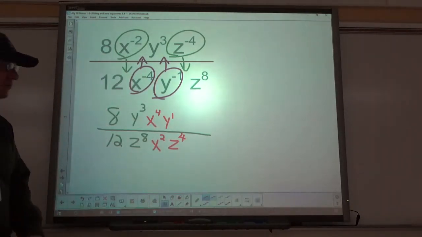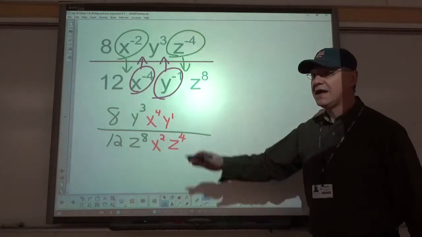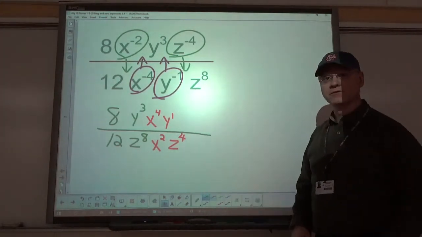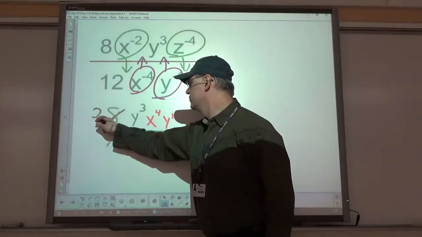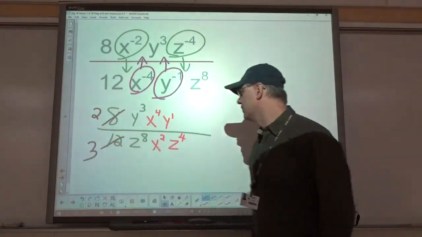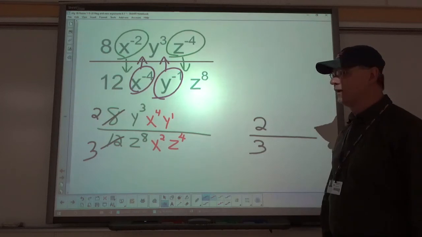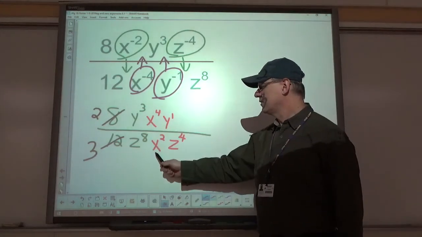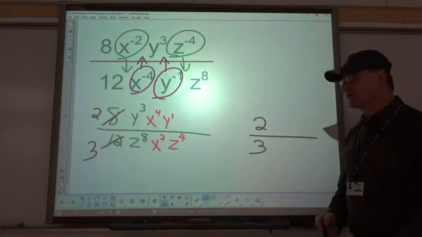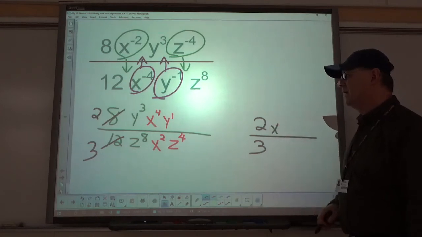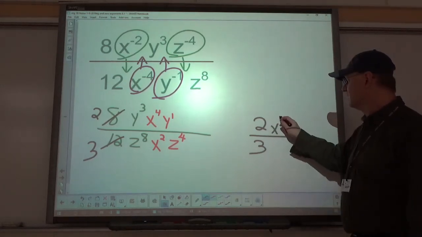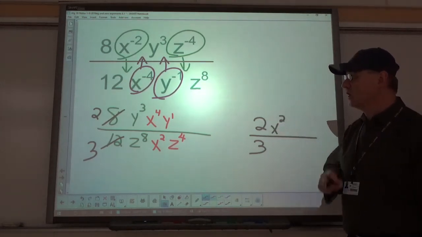Now let's do simplification. 8 and 12. 4 goes into both. 2, 3. So 2 on top, 3 on bottom. I've got an x on top and an x on bottom. Bigger exponent is on top. And I subtract big minus small.